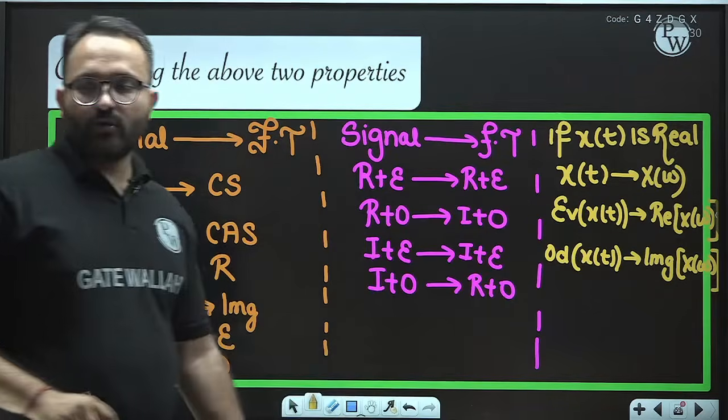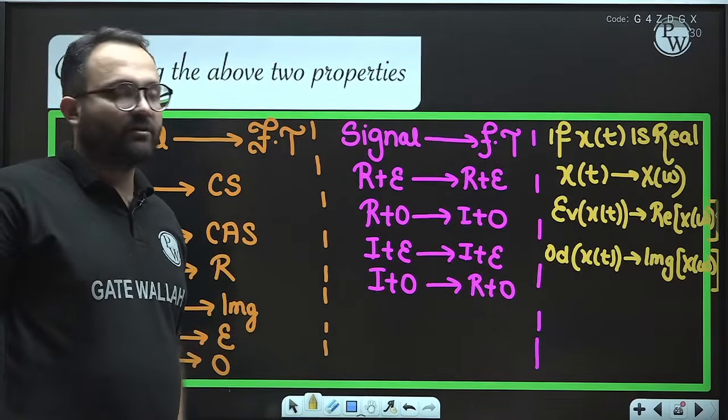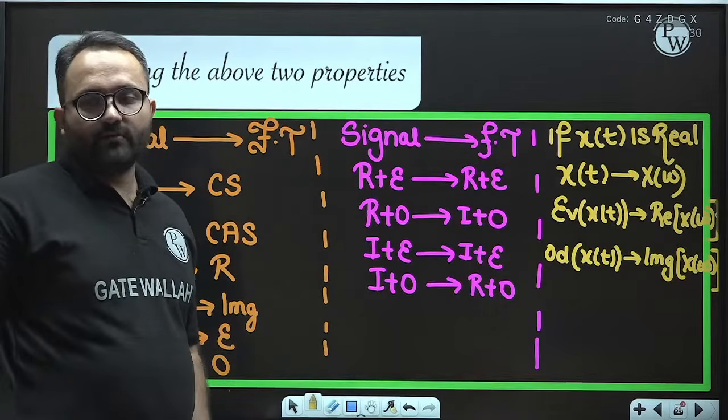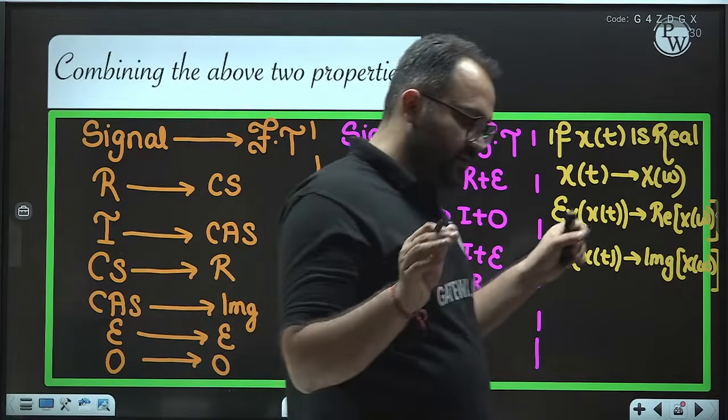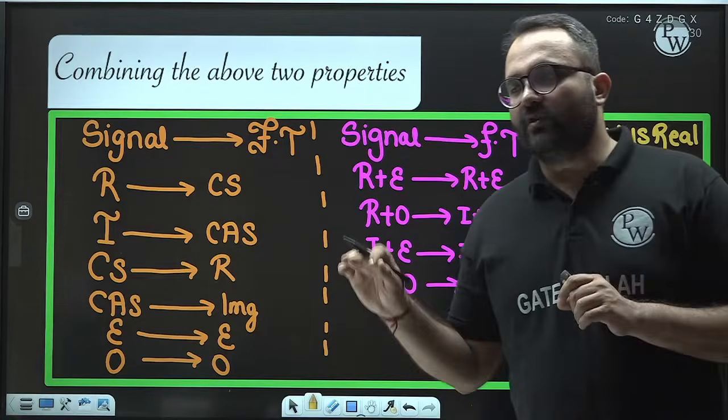So these are the properties that we have to remember or recall whenever required. This whole chart we have seen exactly the same in the Fourier series also.